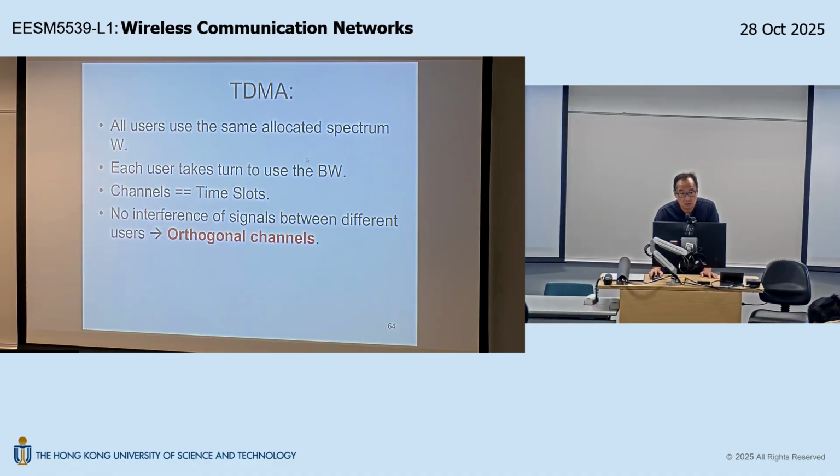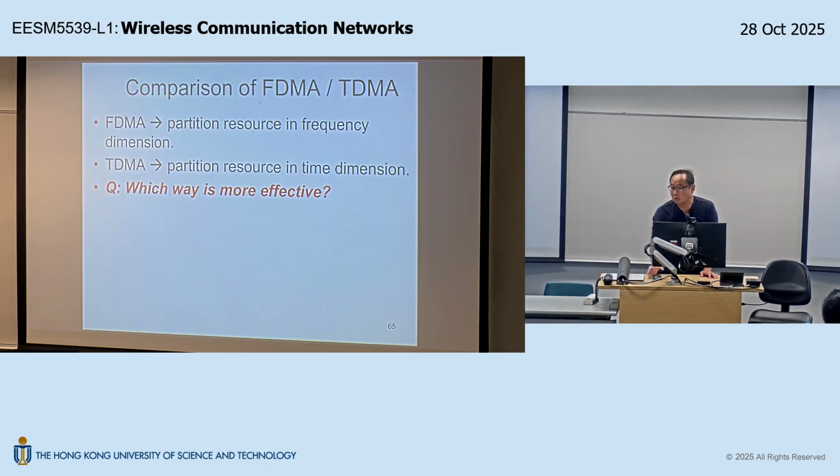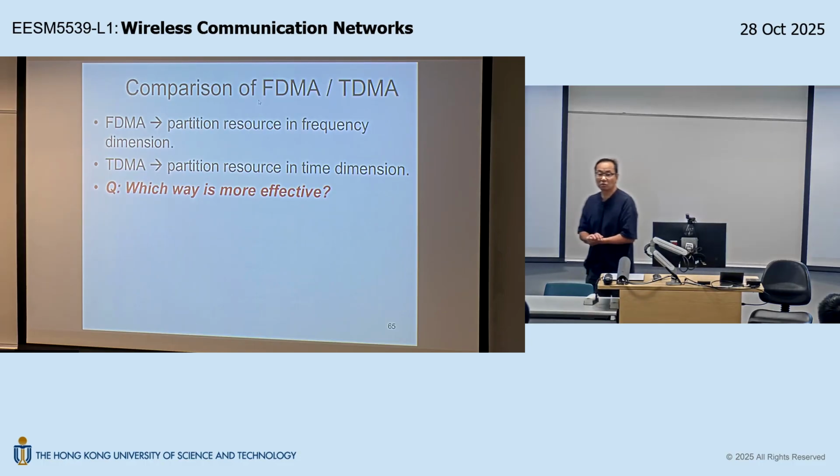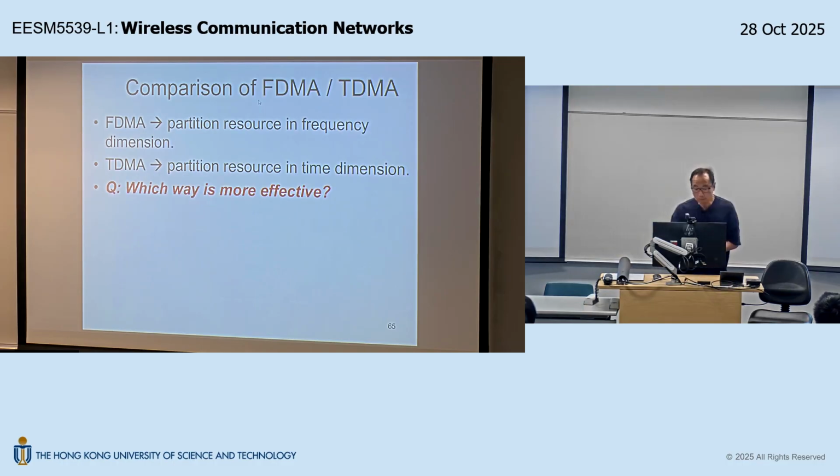So the question we want to explore is, which one is more effective? More effective means which way of partitioning the resource will end up having more users or more channels available to the users. So how do we formalize this comparison? Let's do a toy example. Let's say we have 15 megahertz of frequency spectrum.